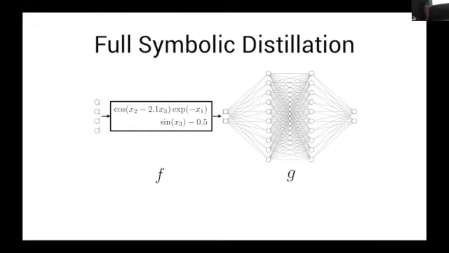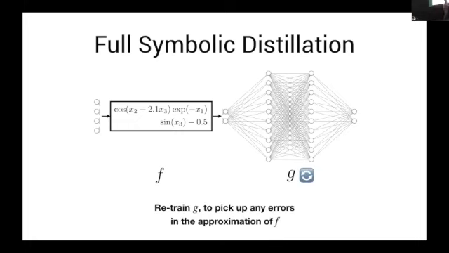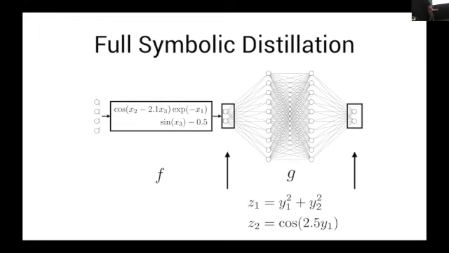Then we replace that network with the equations. Then we retrain the second network to pick up any errors, because it's not a perfect approximation. We retrain it, and then we fit that one after.